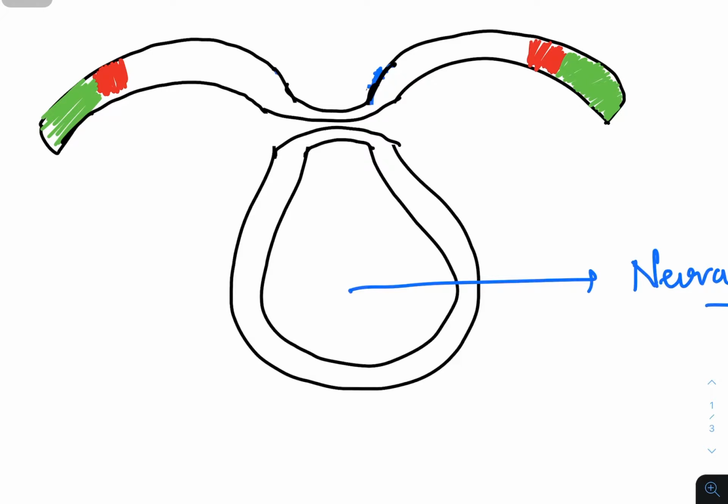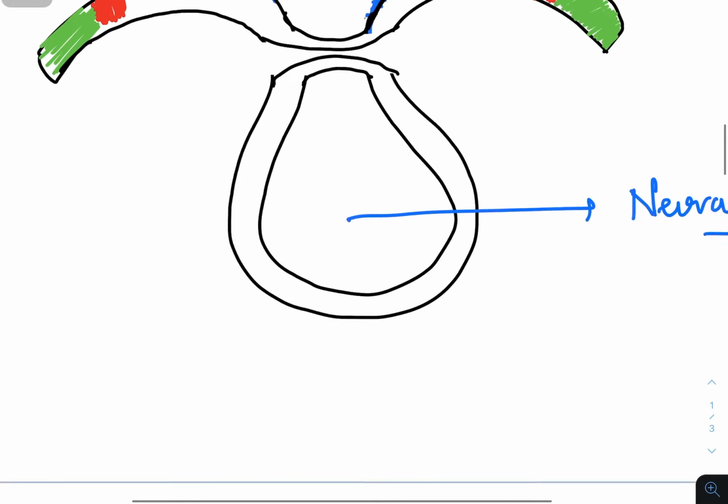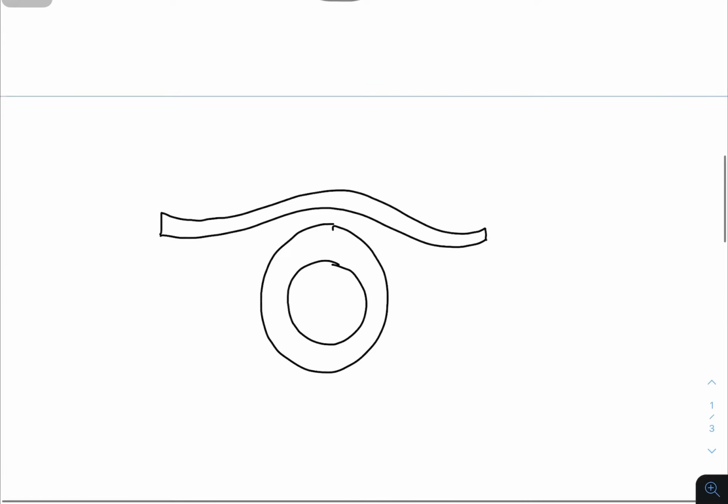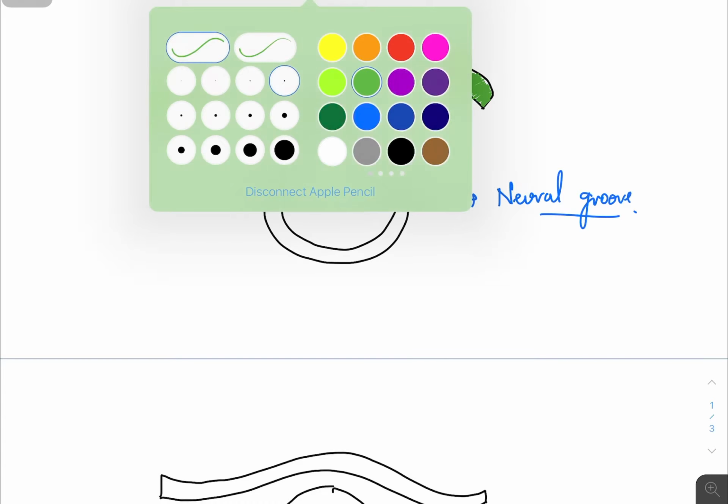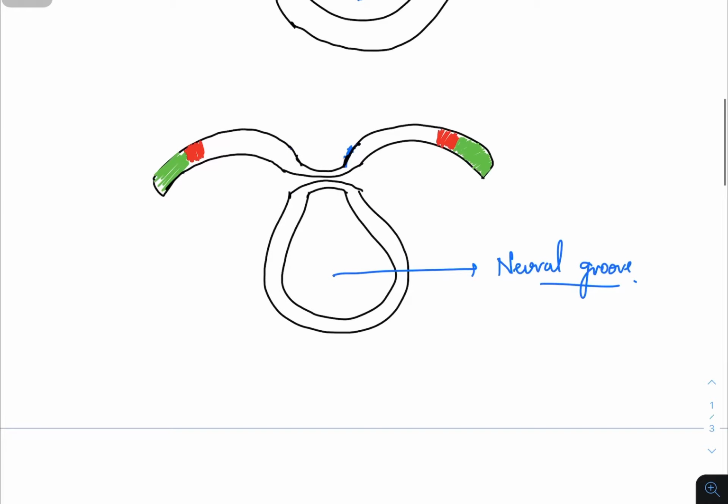Now, exactly what is going to happen is that, look here now, this is the most important thing which you really need to catch. The most important thing is here, let me put the picture back.